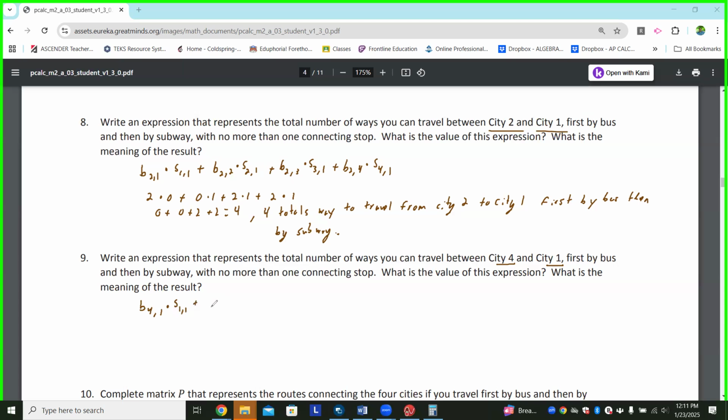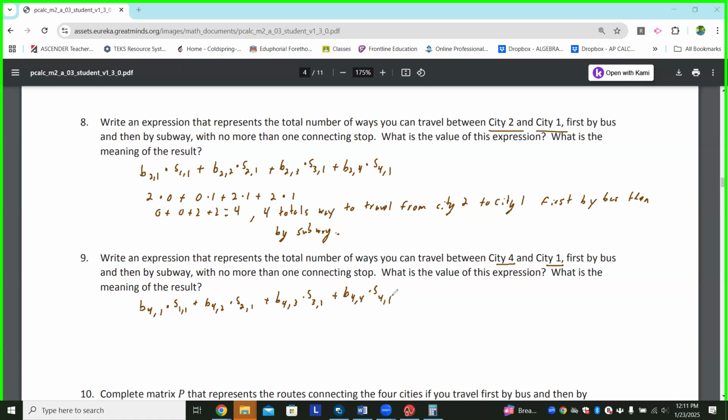I'll just change the inside numbers. So this would be bus 4-2 times subway 2-1 plus bus 4-3 times subway 3-1 plus bus 4-4 times subway 4-1. Any questions on that part? That should be the easy part now.